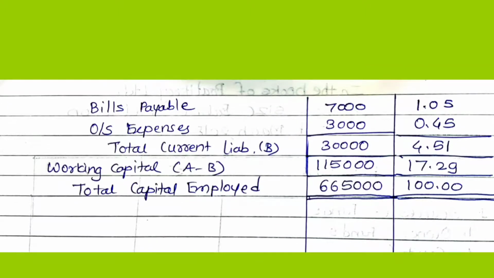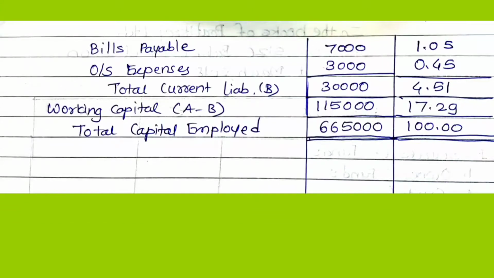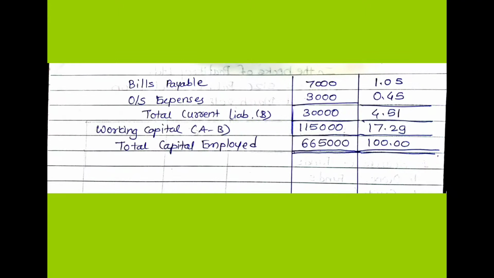So 1,15,000 divided by 6,65,000 into 100 will be 17.29%. So here we have calculated all three items in the balance sheet on the asset side, that is fixed asset percentage, investments percentage, and working capital percentage.